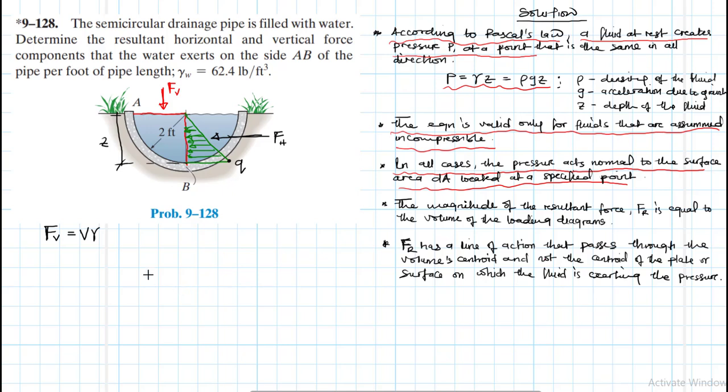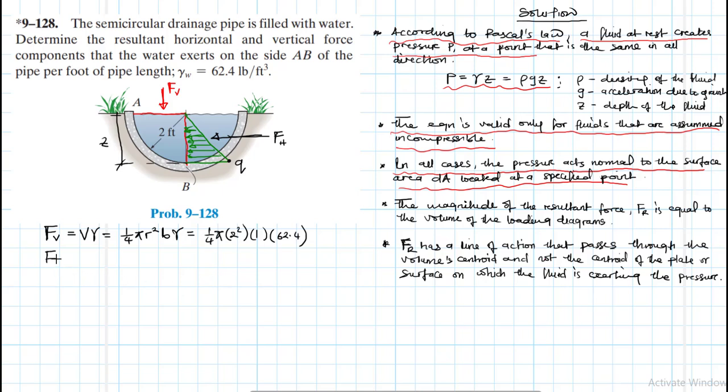To find the volume, the volume is equal to the area, which is 1/4 pi r squared, times the thickness b, then times the unit weight. So 1/4 pi, what is r? r is 2, so 2 squared. What is b? It's just 1 foot. And the unit weight is 62.4.